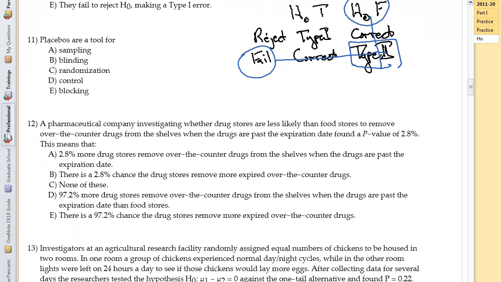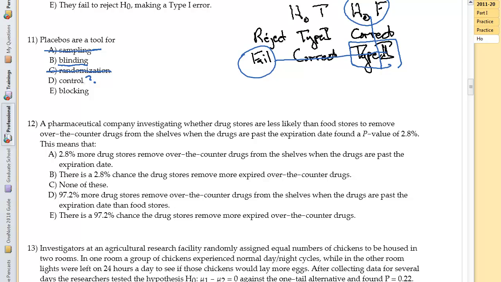Number 11. Placebos are a tool for blinding. We're not sampling with placebos. It's not a sampling method. Placebos aren't randomization. We randomize and then we assign the placebo. Placebos can sort of be a tool for control, but the control group usually doesn't take anything.